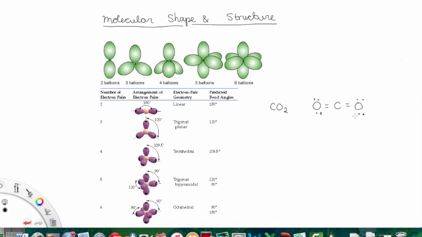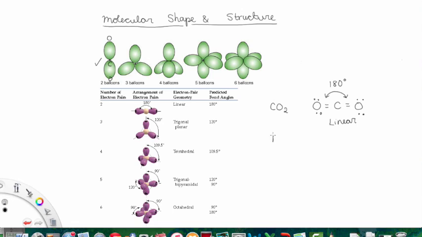The reason why it's linear, with 180 degree separation between the two atoms at the end, is that since it only has 2 atoms attached to the central atom, these want to be as far apart from each other as possible so that there's less electron-electron repulsion. This takes on the form of the 2 balloons, with the oxygens and the carbon in the center.